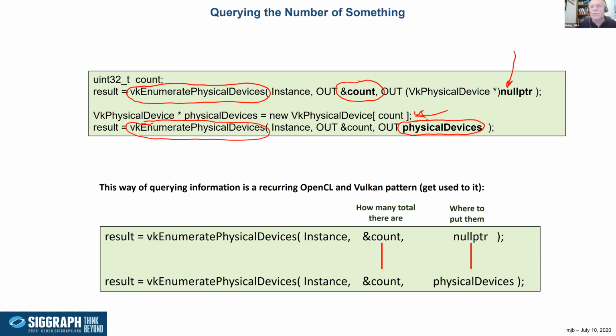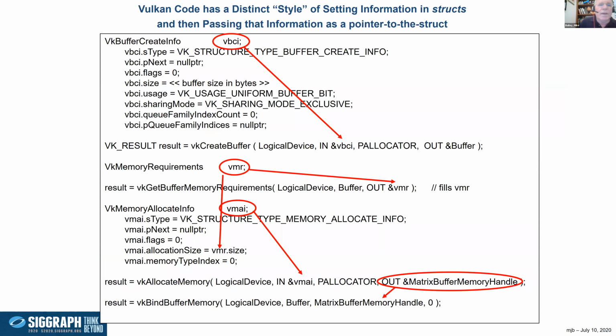Get used to it. You see this all through the Vulkan API. In fact, you'll see it in OpenCL as well if you get into OpenCL. So the difference is a null pointer if you don't want to fill anything, and a pointer if you do.